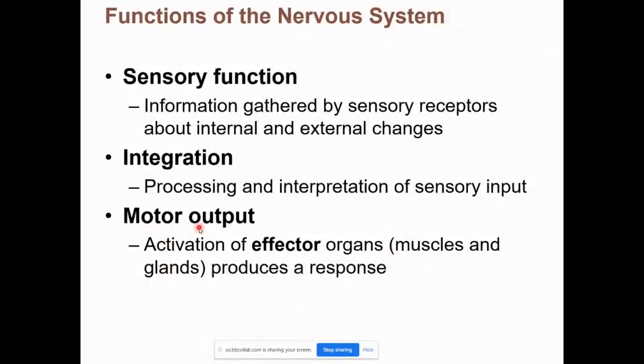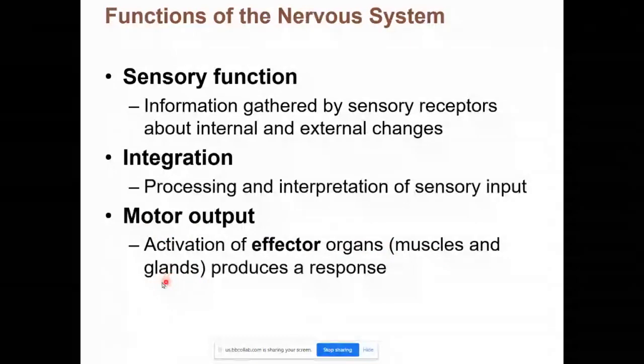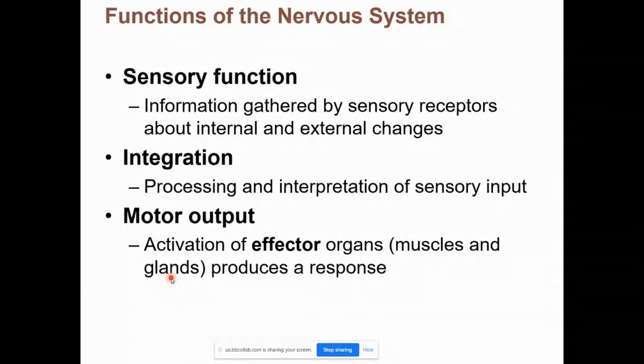Those are the only possibilities. So your motor output will either go to a muscle, skeletal, smooth, or cardiac, or a gland. And a gland will often secrete a hormone. There's also exocrine glands that we learned about in, I think it was Unit 1, that secrete perspiration, for example.